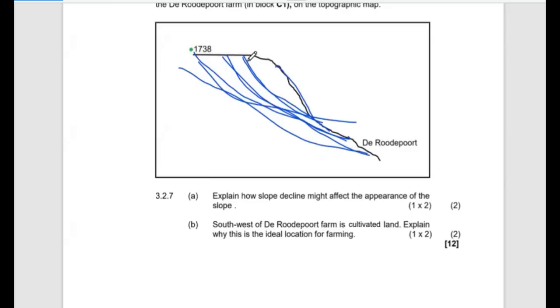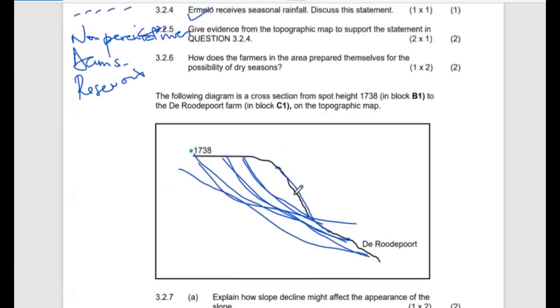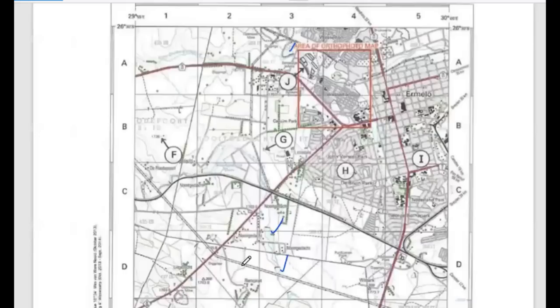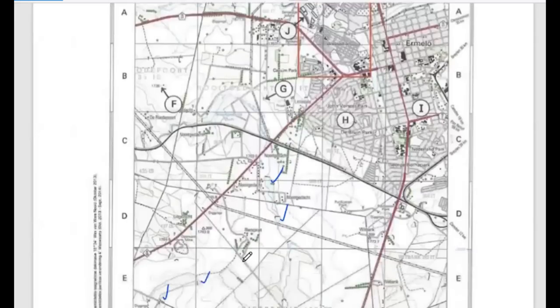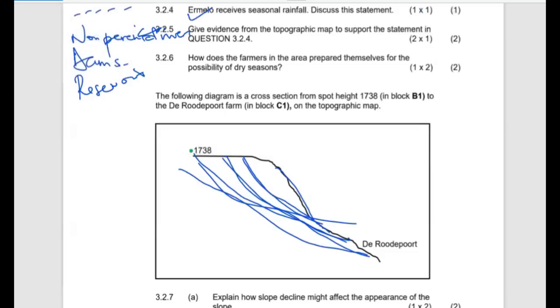Right. And also if we check, the other question is talking about how southwest of the Rodport farm is cultivated. Explain why this is an ideal location for farming. We are looking at southwest of the Rodport farm. The Desertification farm, if we check here, is said to be in block C1.